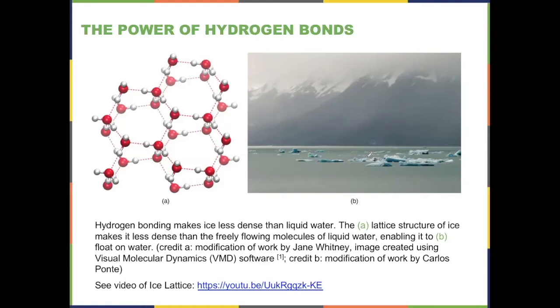That's why when you have a glass of water and you throw some ice in it, it floats on the top. That's not true for most substances. Most of the time, the solid is going to be more dense and will sink to the bottom. But this is really good for living things, particularly things that live in the water, because there can be that layer of ice that forms on the top, and they can maintain their lives below it and swim around.